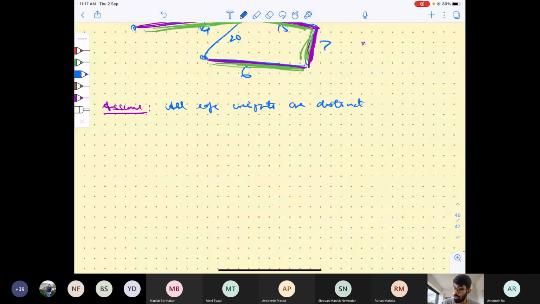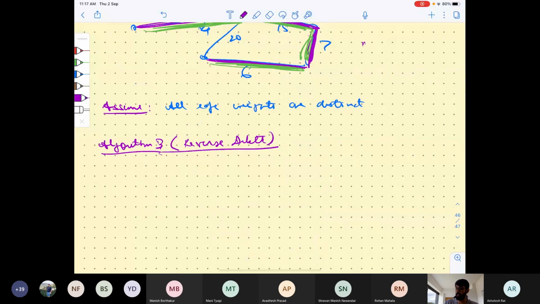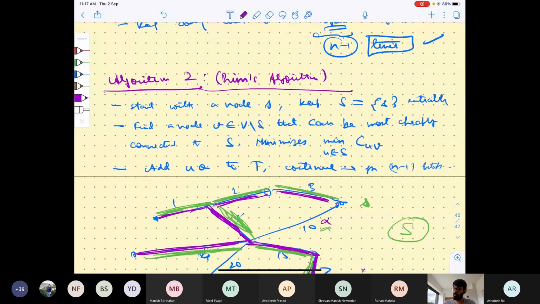There is another algorithm actually, which we will not be doing in as much detail as Prim's and Kruskal's, but let's still mention it. It's called reverse delete. It's sort of the opposite of what Prim's does.